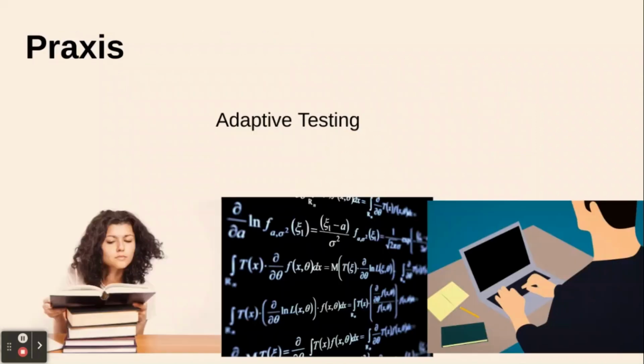With the praxis and other computer-based tests, they're called adaptive testing. Adaptive testing has been around probably for 20 years, as long as they've started putting these tests on computers. And you might be asking yourself, what is adaptive testing?